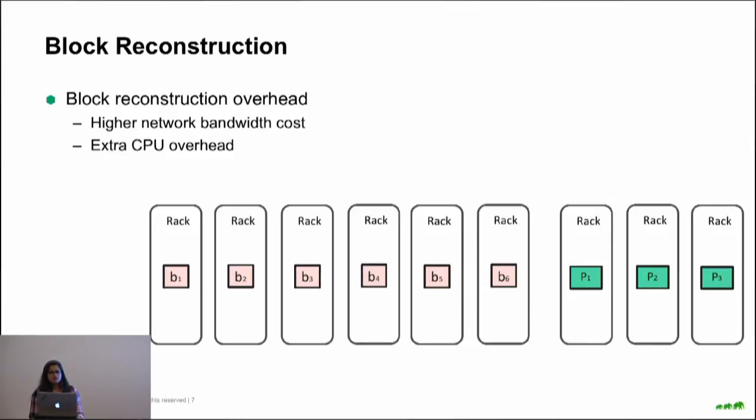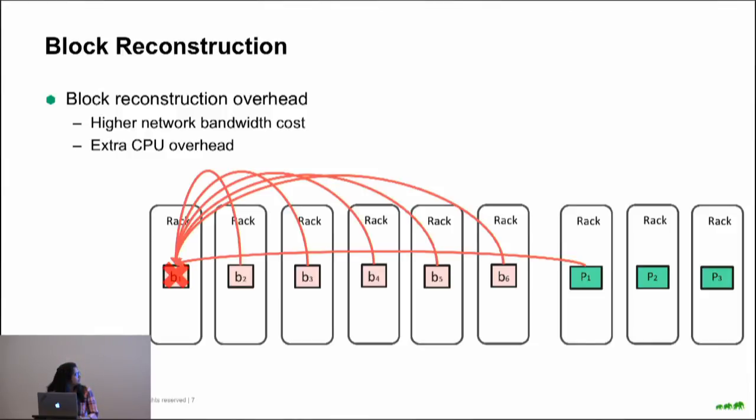Let's take a look at how block reconstruction is done for erasure coded blocks. Let's say we lose block B1. To reconstruct B1, we would have to read 6 more blocks from the same block group. And once we get the 6 blocks, B1 can be reconstructed by decoding using the same scheme that was used to generate the parity blocks.